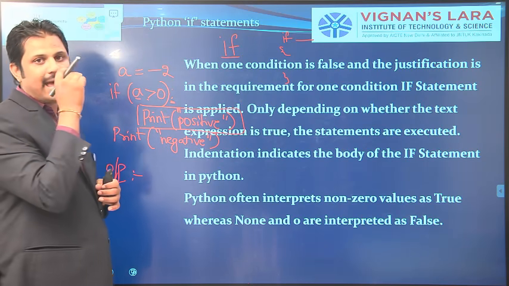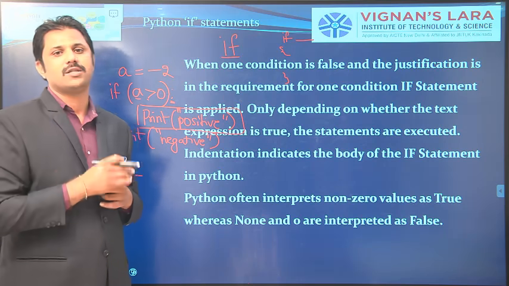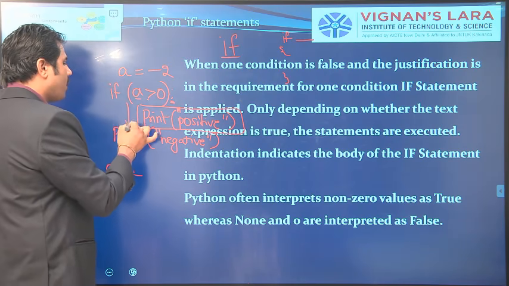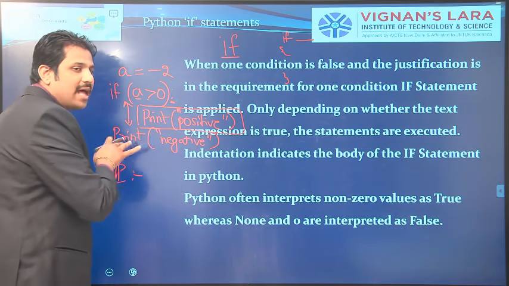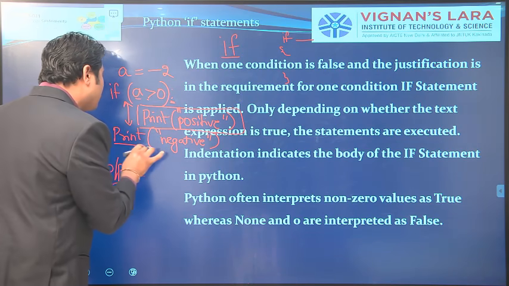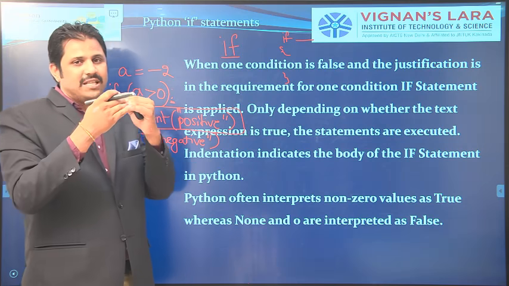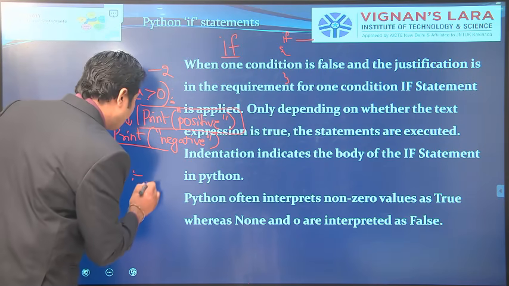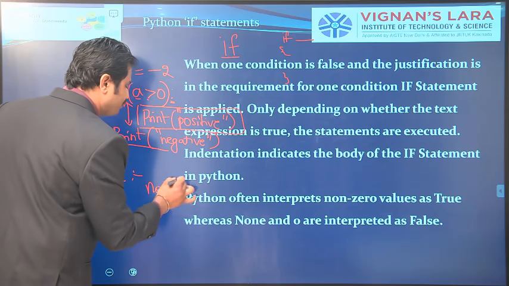Is -2 greater than 0? No, it is false. So it skips the if block and executes the block which is outside of the if. Then it reports negative.